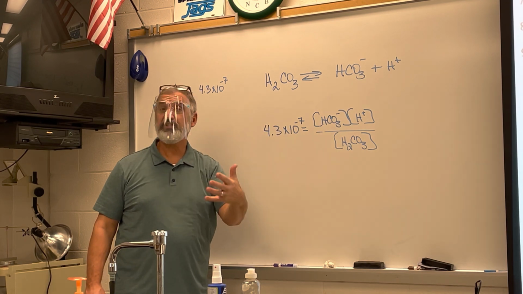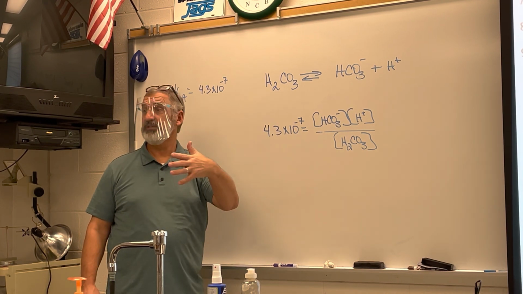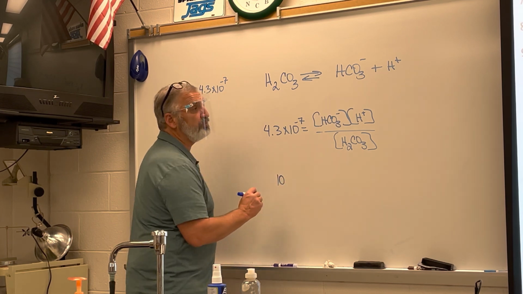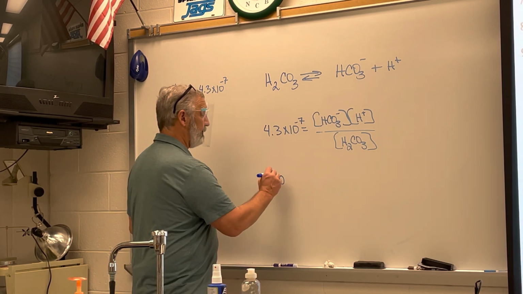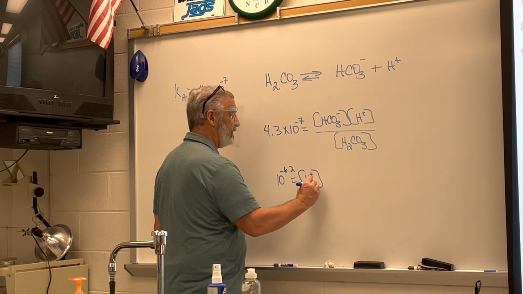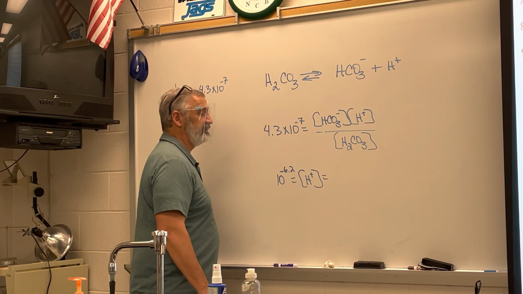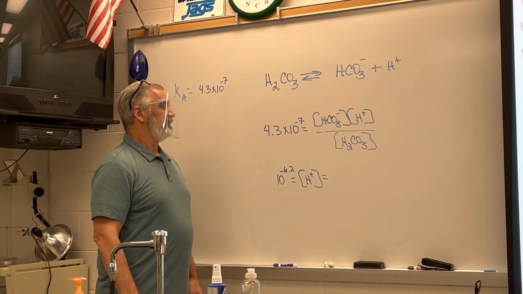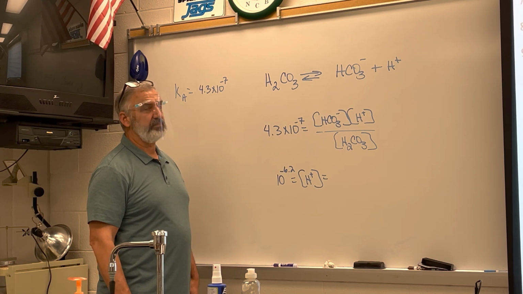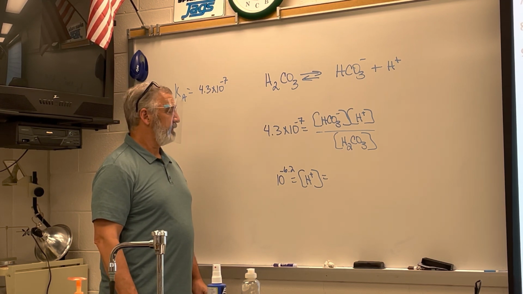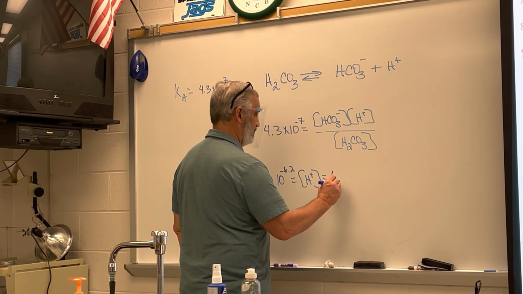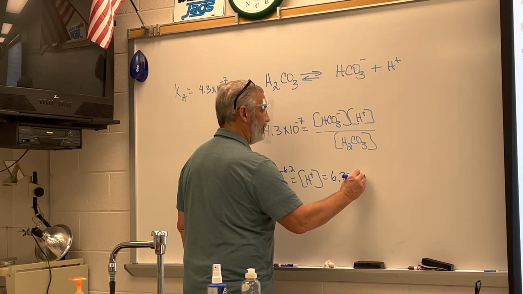The pH gives me that H plus. Whenever you have the pH, you know the H plus, and you know the OH minus. So 10 to the negative pH, which is negative 6.2, is equal to H plus, which is 6.31 times 10 to the negative 7.